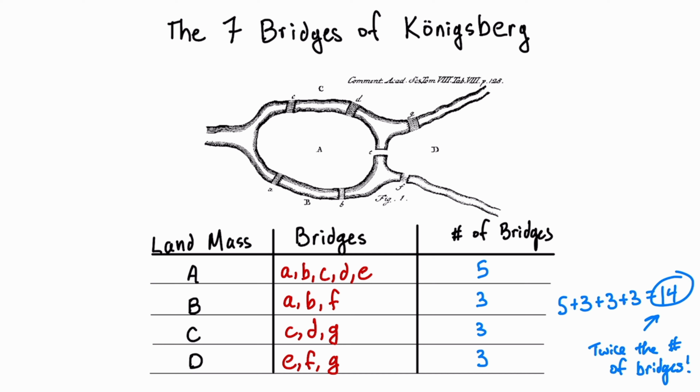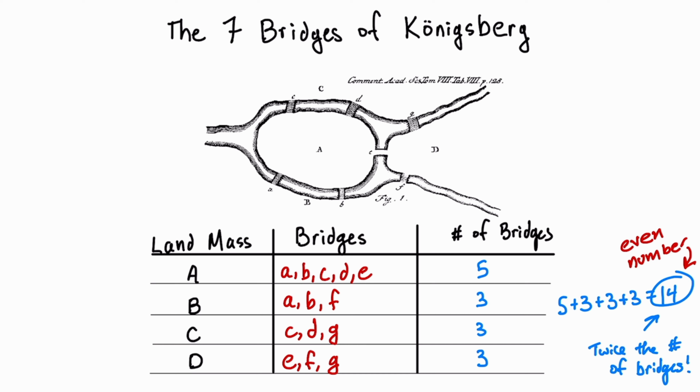Each bridge appears in the table twice because it's connected to exactly 2 landmasses. So when we add up all of these numbers, we're really counting each bridge twice. So for any configuration of landmasses and bridges, if you make a table like this and count the number of bridges connected to each landmass, then add all those numbers up, you'll always get twice the number of bridges. And since twice any whole number is even, that means you'll always get an even number.